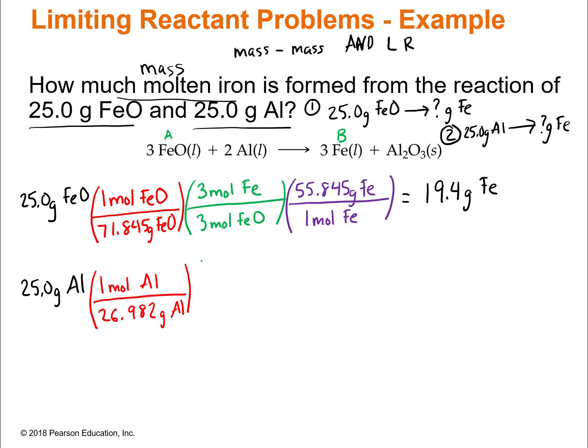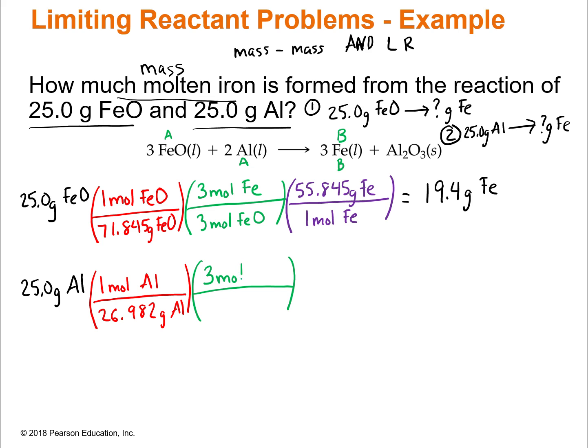And you know what I'm about to ask you. What's our mole ratio? If now we're dealing with aluminum and iron. It's 3-2.